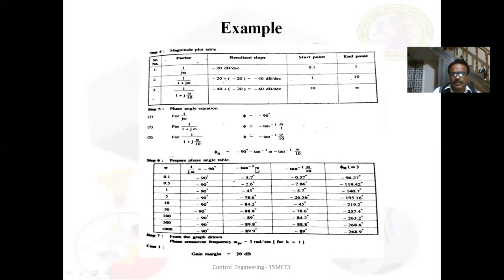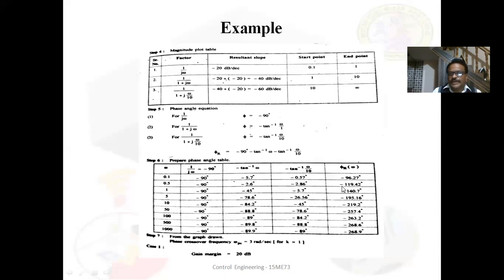If you substitute omega equal to 0.1 here, this will be minus 5.7 degrees. For the next factor with omega equal to 0.1, it is minus 0.57. Then the summation of all three is minus 96.27 degrees. Like that, you have to tabulate for omega value 0.5.